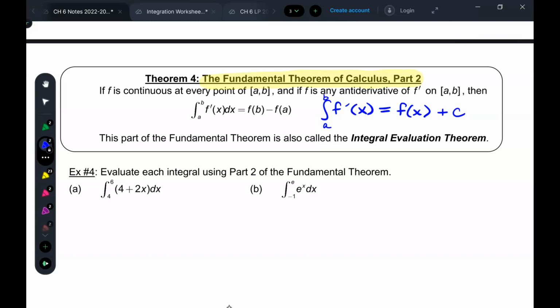What's going on here? I can't. I know. Okay, hold on. Let's see if it'll start working. What happens if I do, so this would be f of x evaluated from a to b, and that's how I get f of b minus f of a.